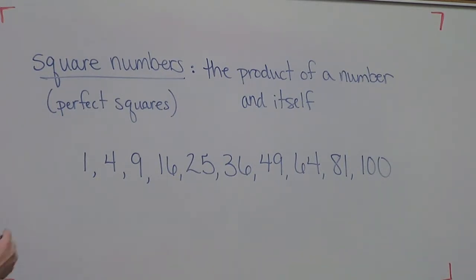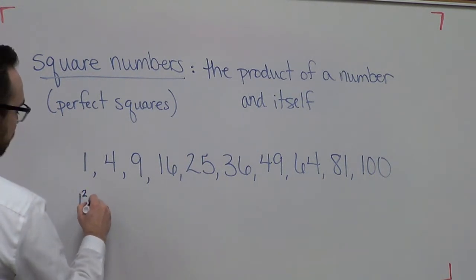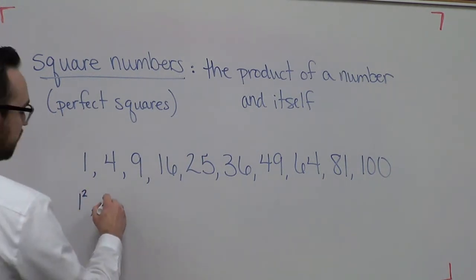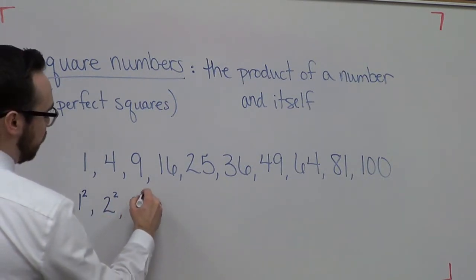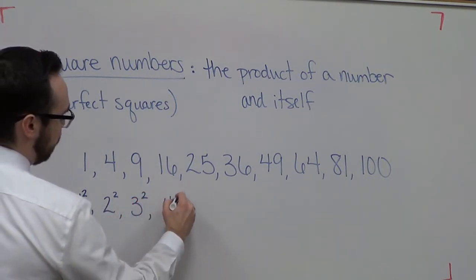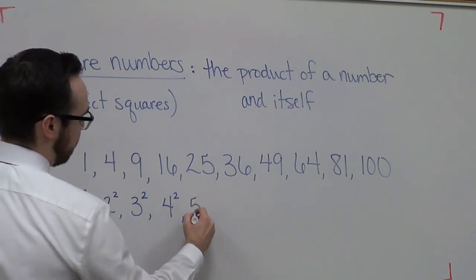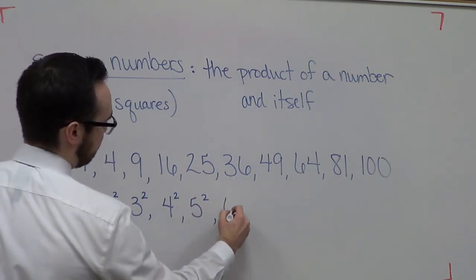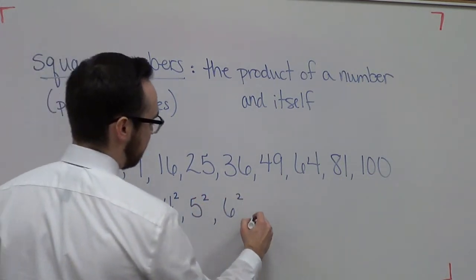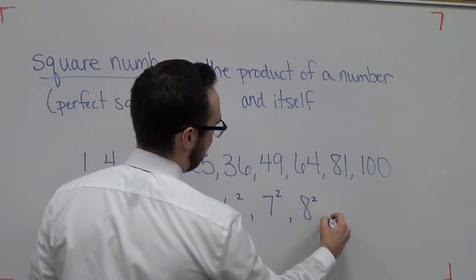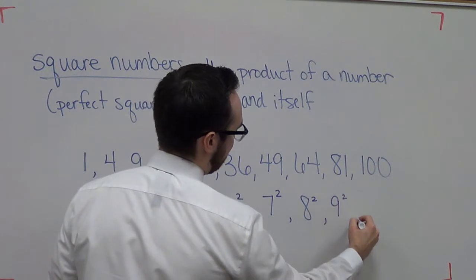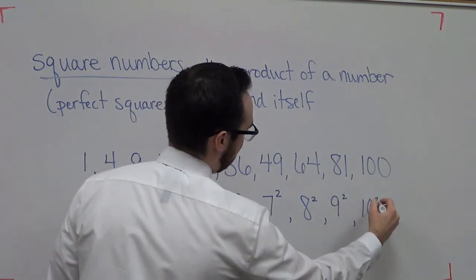And so really you could rewrite this then as 1 squared, because it's 1 times 1, 2 squared, because it's 2 times 2, 3 squared, 4 squared, 5 squared, 6 squared, 7 squared, 8 squared, 9 squared, and 10 squared.